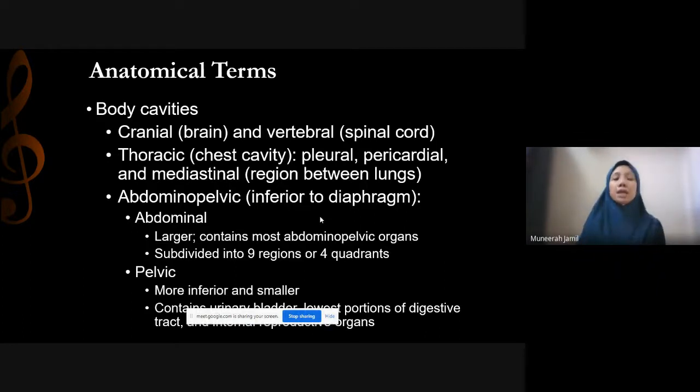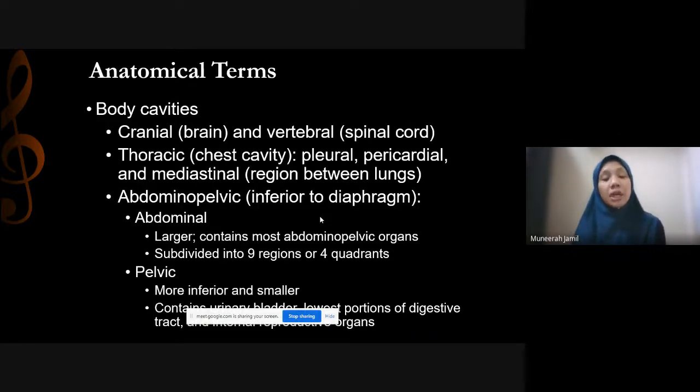Next we have what we call abdominal pelvic cavity, which is actually a combination of abdominal cavity and pelvic cavity. Certain textbooks use them differently, but I like to combine them together, or they can be separate in certain conditions.